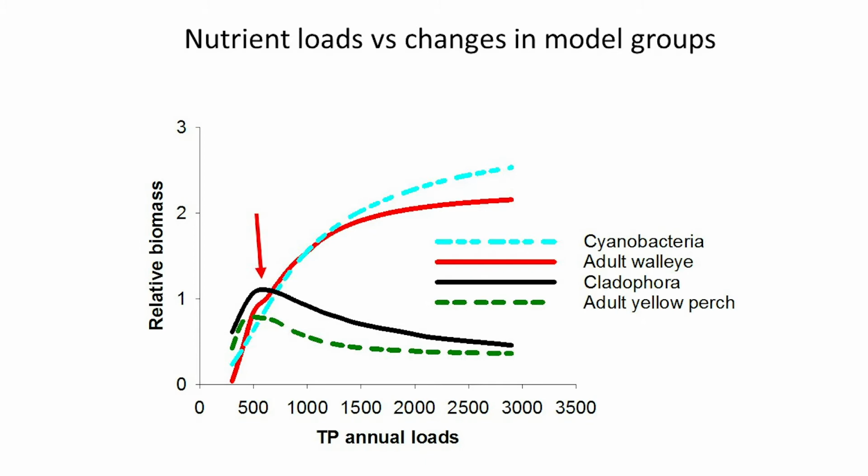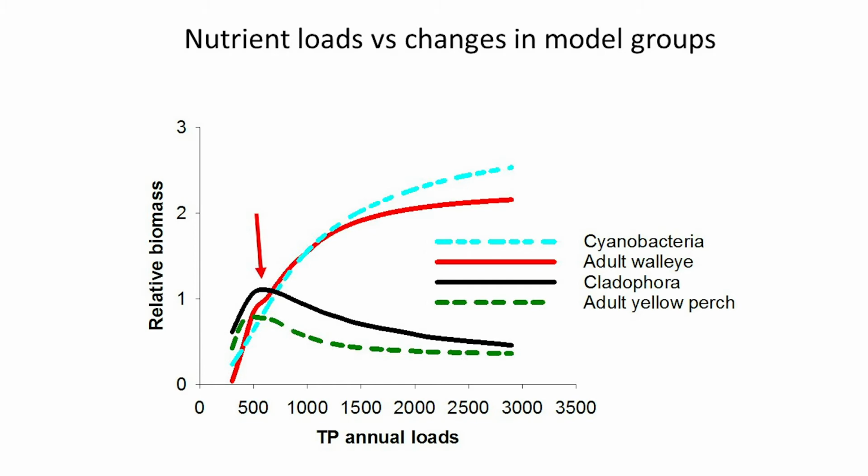The red line is adult walleye biomass. The green line is Cladophora, which is responsible for much of the muck that washes up on beaches in Saginaw Bay. And the dashed green line is adult yellow perch.